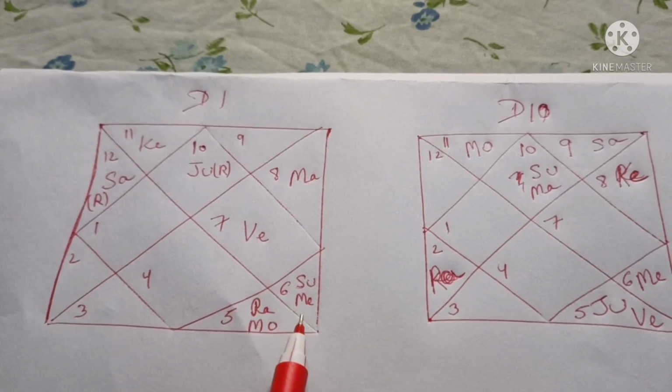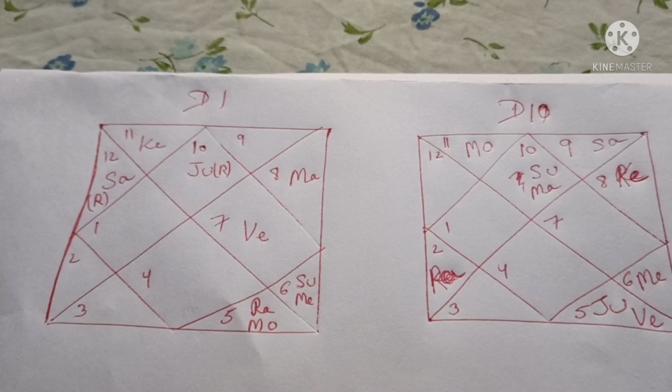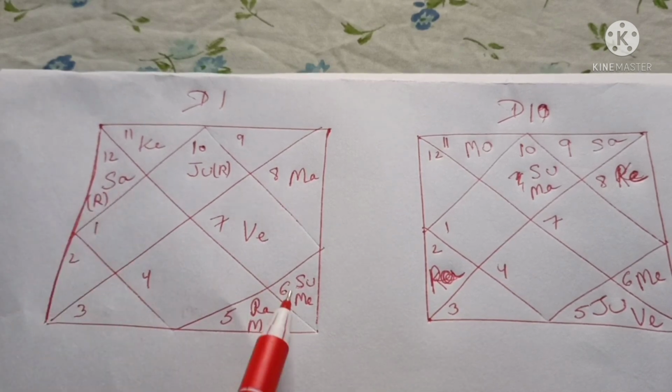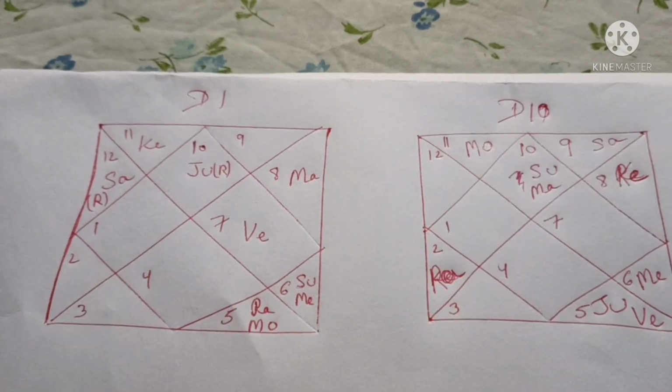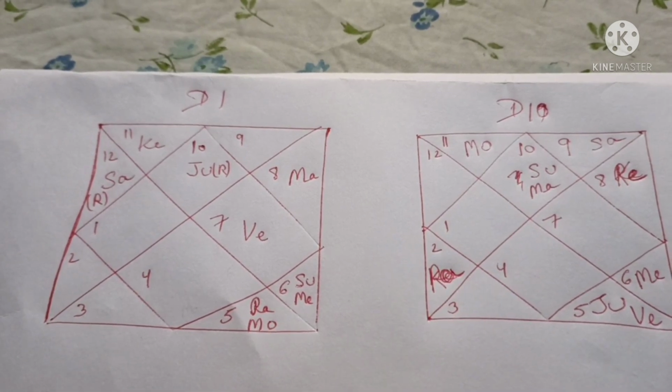Although Mercury is somewhat combust, that doesn't mean she is not intelligent. She is highly intelligent and she cleared bank exams. And Saturn is also aspecting. So the Sun Saturn combination gives a job in the government sector. So she got a job in the government sector and is very intelligent, and she cleared many exams, but she chose one bank. So this is what it shows, guys.